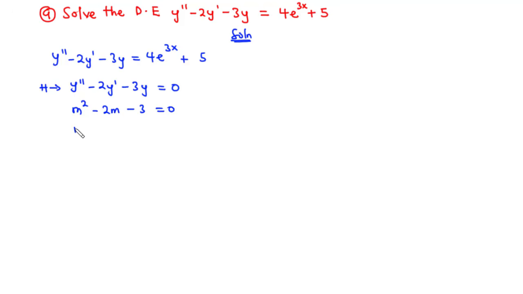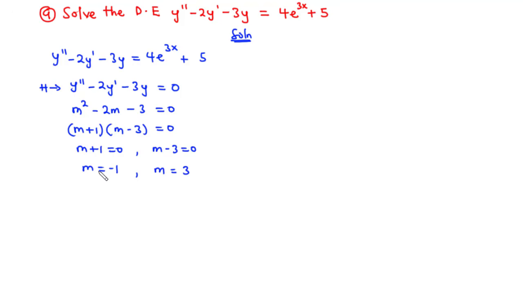So we have (m + 1)(m - 3) = 0. We have m + 1 = 0, m = -1, and then m - 3 = 0, m is equal to plus 3.